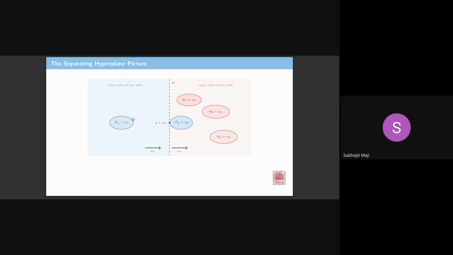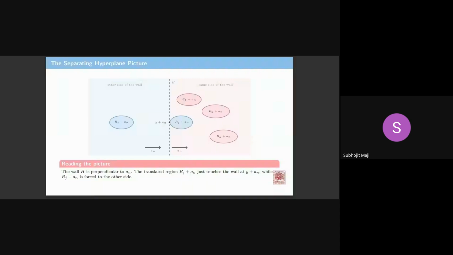Think of this geometric figure as something that you will understand a bit later, after I introduce you to the real manipulations. So how do you read this picture? You have this wall that will separate these regions.